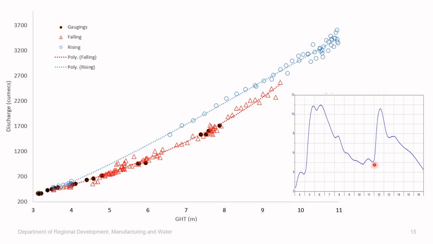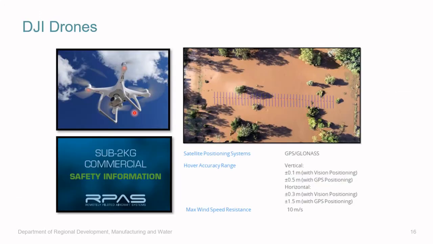So it represents that period of time where it's rising and falling a little bit, but not the significant rises and falls as the flood event comes through. In those scenarios where the stage is changing very quickly, we get a really nice, consistent stage-discharge relationship being shown.